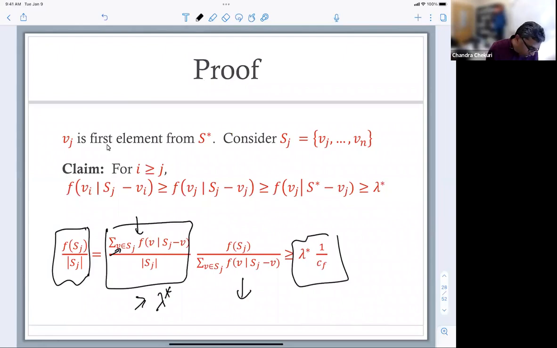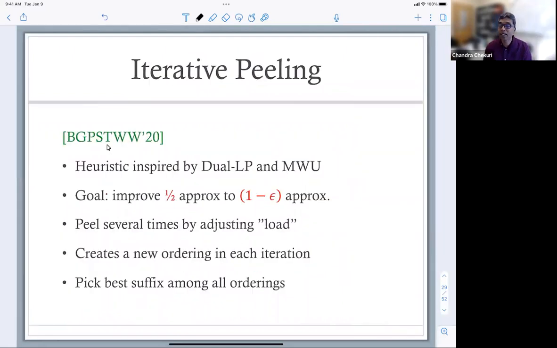So now let me talk about iterative peeling and the conjecture that made us go down this path. This is a conjecture of Boob et al. I forget the authors' names. There are several of them, 7 authors. So what did they do? They looked at this peeling algorithm, and we see that it gives a half approximation for graphs. Okay, half is good, not so bad. But they wanted a better algorithm.